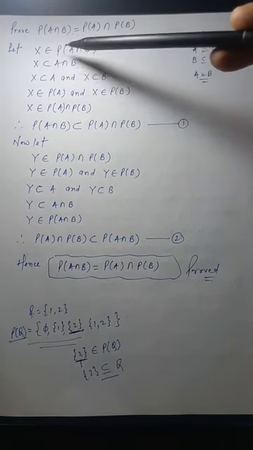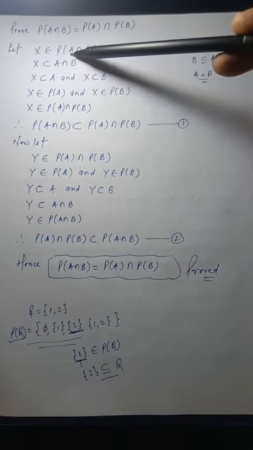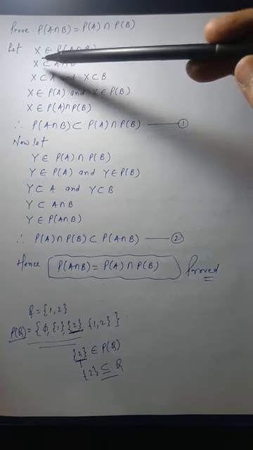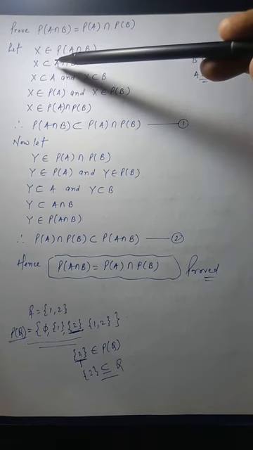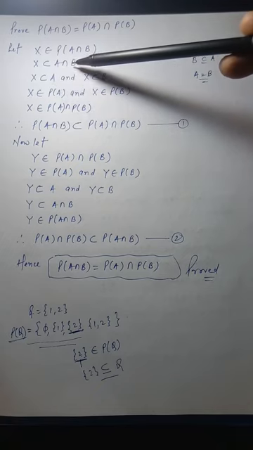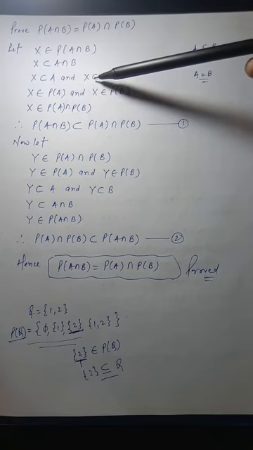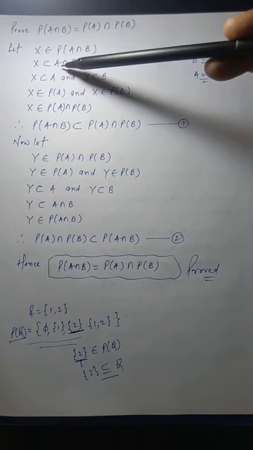So when this X belongs to P of A intersection B, obviously this X is a subset of A intersection B. When X is a subset of A intersection B, it means X is a subset of A and X is a subset of B, because X is in the common part.